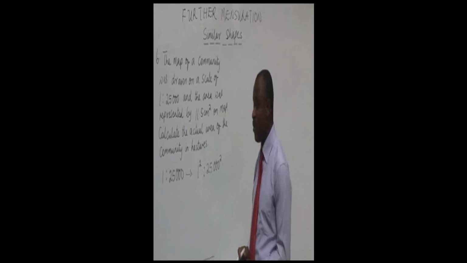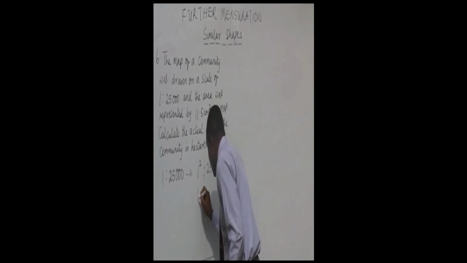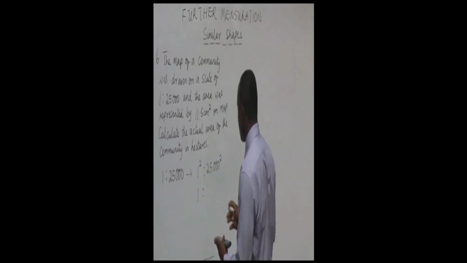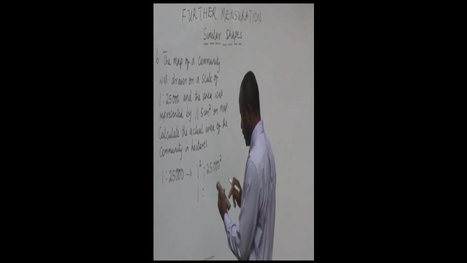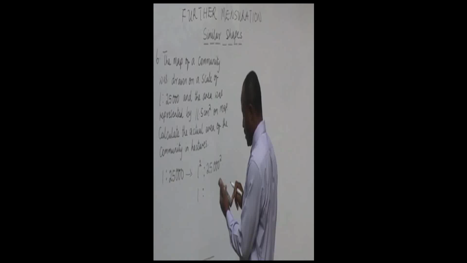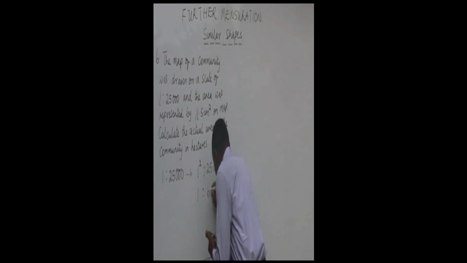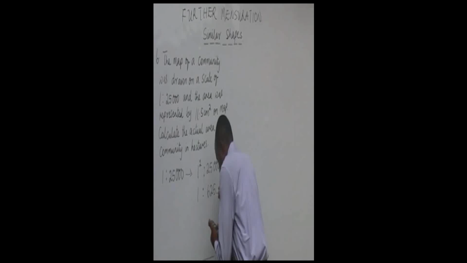It will still give you 1, because 1 times 1 is 1, is to 25,000 squared. 25,000 times 25,000 gives 625 million, 6 zeros.